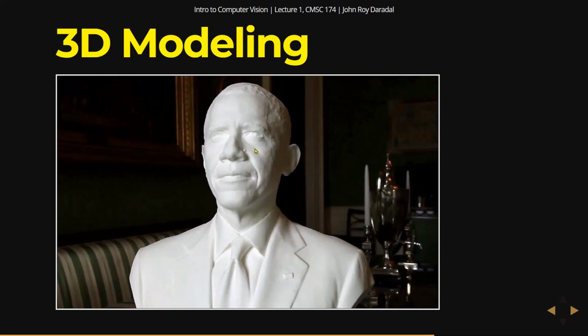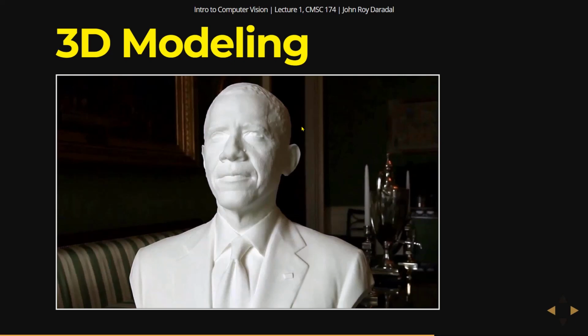Okay, so it's like an accurate representation. So it even has the moles and the little details here, right? So you can do that with computer vision. So based on 2D images, a lot of 2D images, you can combine them to form the 3D model itself.